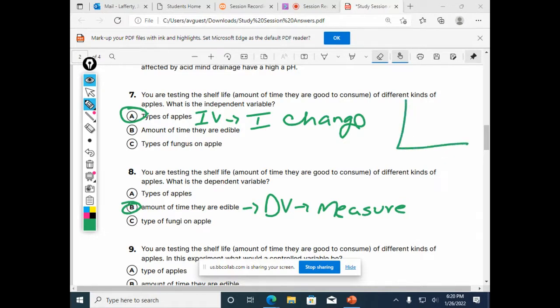So if I were to make a graph, we're going to do types on the bottom and then time here, and then it's going to be a nice little bar graph like that. Okay? So your IV always goes on the x-axis, and the DV always goes on the y-axis. Okay.